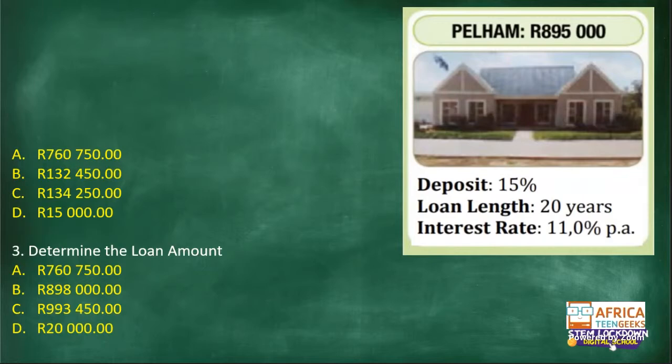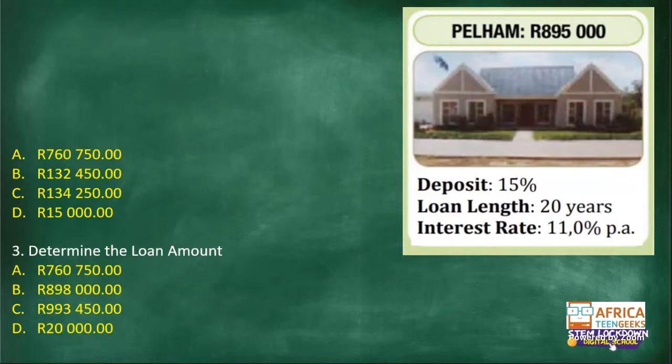So that we separate the deposit from 895,000 rands. And so if you look at the answers, one of the answers there says the loan amount will be 760,000 rands, 750.